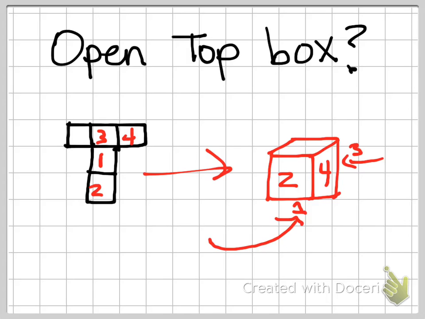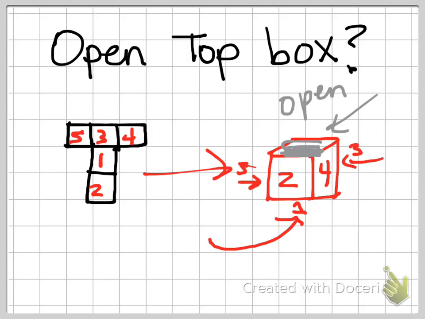And number 4 would be next to 3. And number 5 would be across from 4. Okay, so we have used up all the sides. Now, do you notice that in the top there's no side? We already covered the 5 sides. That's what we mean by open top. Okay, that means that all sides have been used and there was an opening.